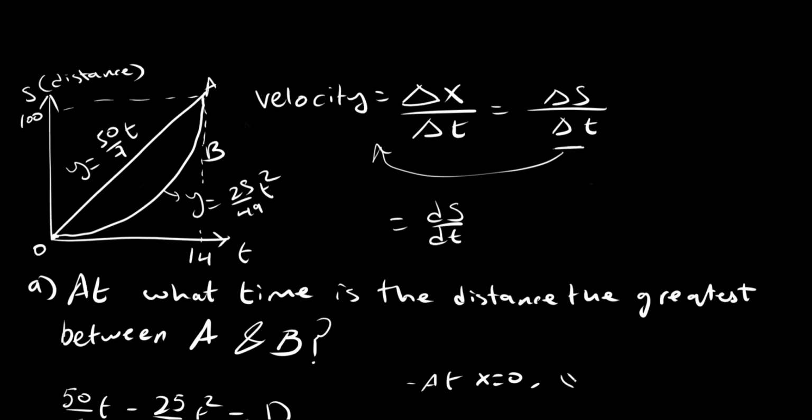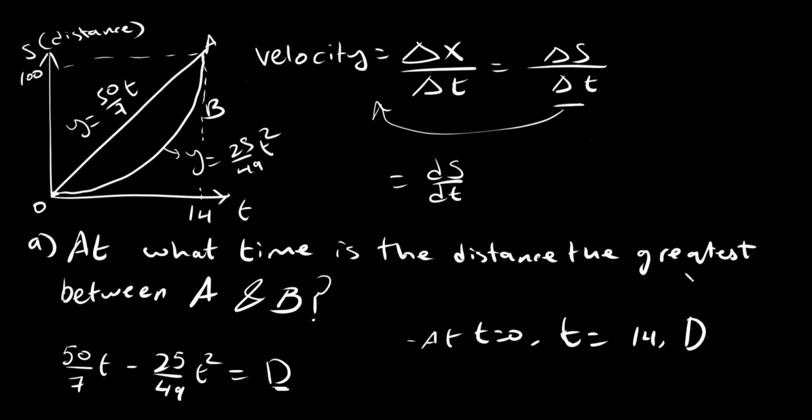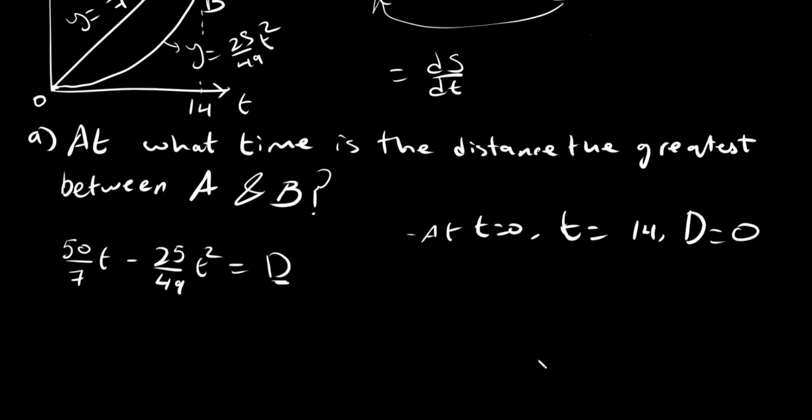So at t equal to 0 and at t equal to 14, the difference between A and B is equal to 0. This is basically A minus B, my distance.